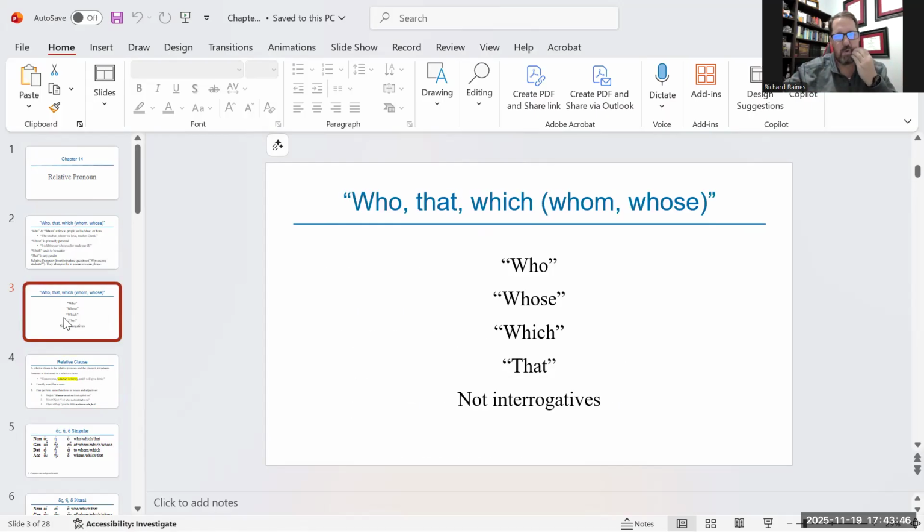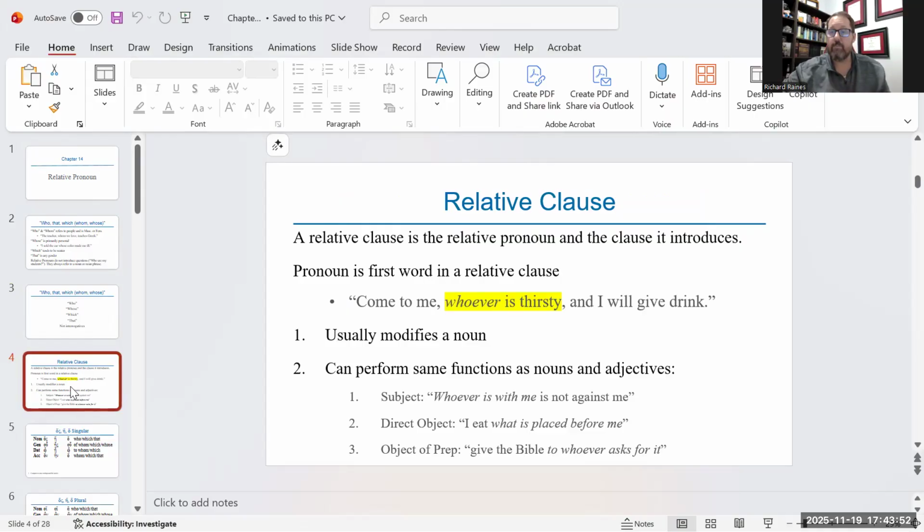I just told you that the relative pronouns are who, whose, which, that. I did not say whoever, but whoever or whomever is a variation of that. I'm going to talk about that more in just a minute, but just focus on the relative clause here. Come to me, whoever is thirsty, and I will give drink. Whoever is thirsty in this sentence is a relative clause. Whoever is the relative pronoun in that sentence.